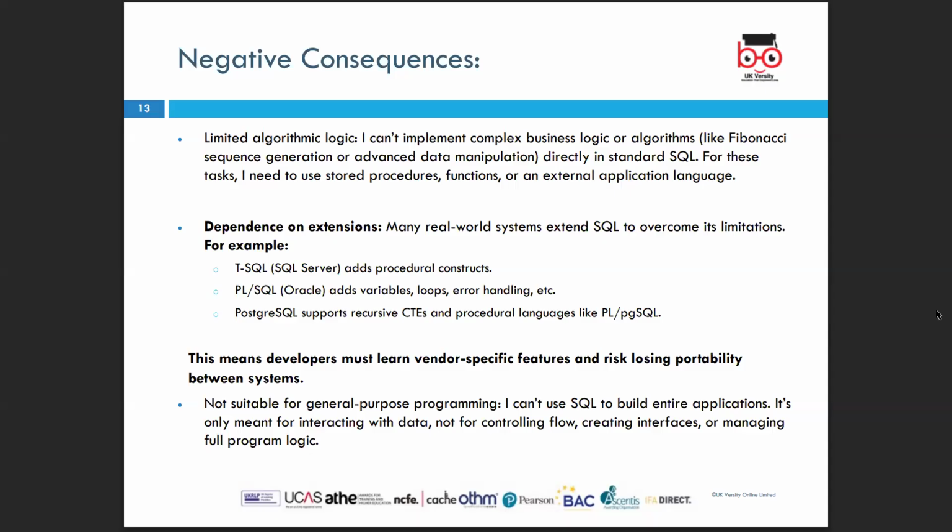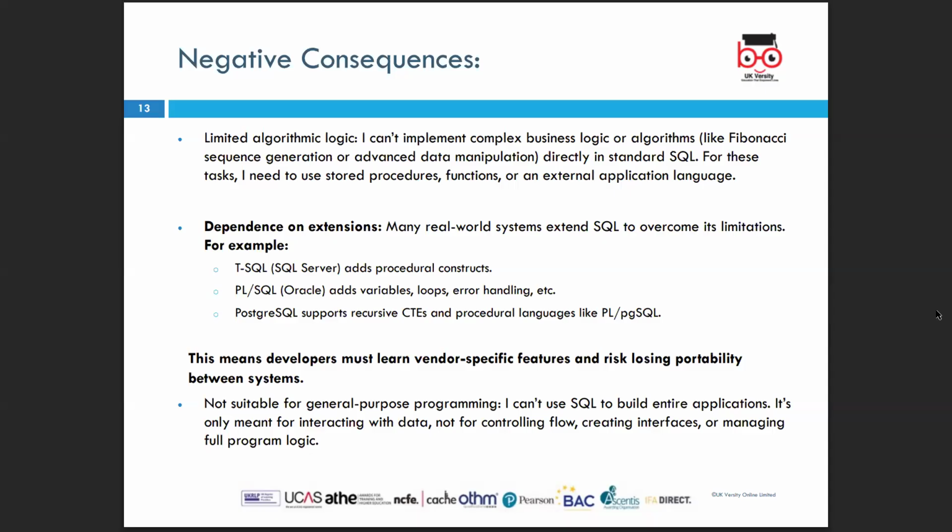There's also a dependence on extensions, as many real-world systems extend SQL to overcome its limitations. For example, T-SQL adds procedural constructs. PL/SQL, such as in Oracle, adds variables, loops, and error handling.